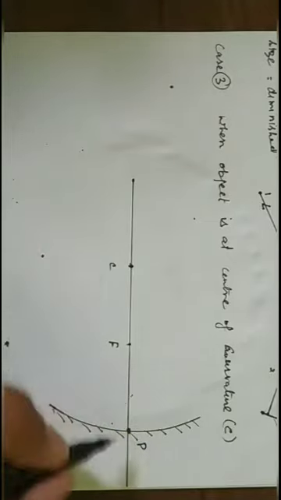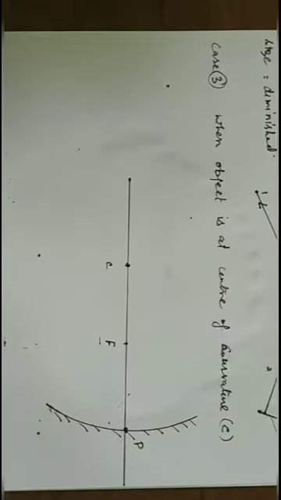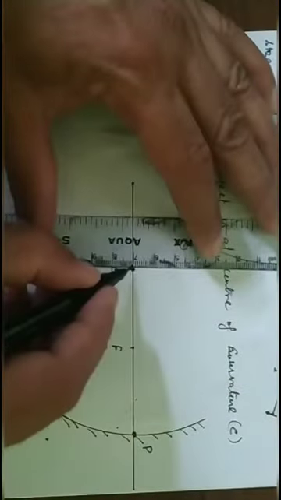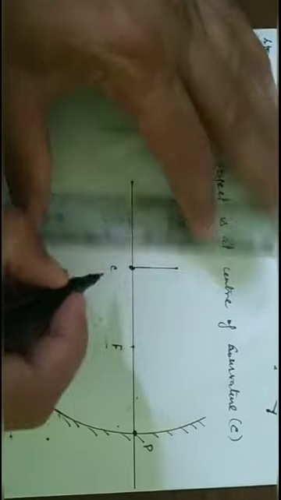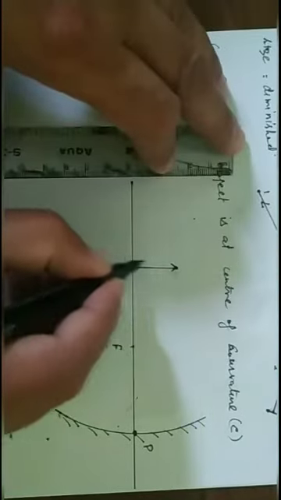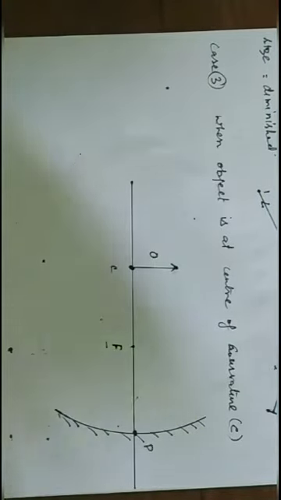The midpoint of C and P is known as the principal focus. Now my object is at the center, so I draw an object at the center. This is my object O.